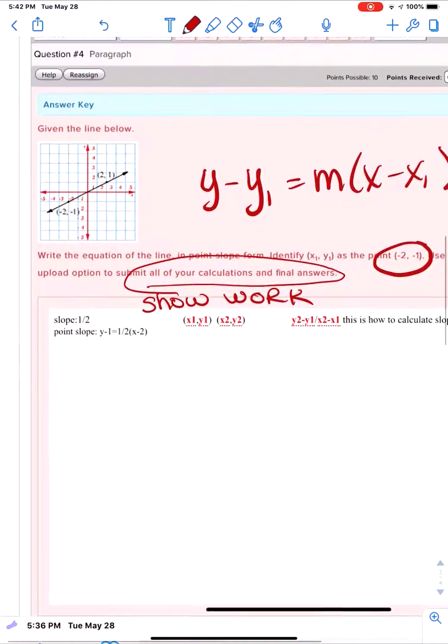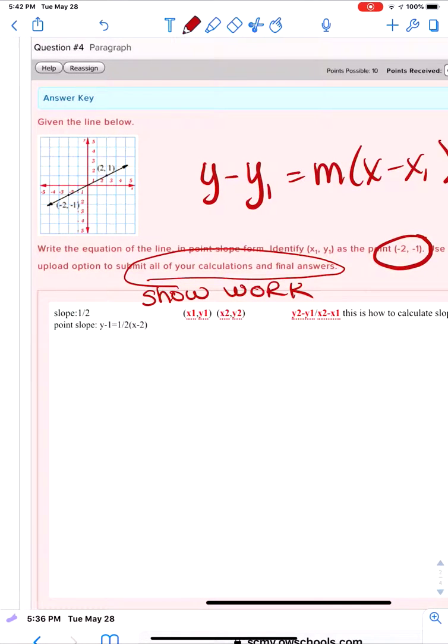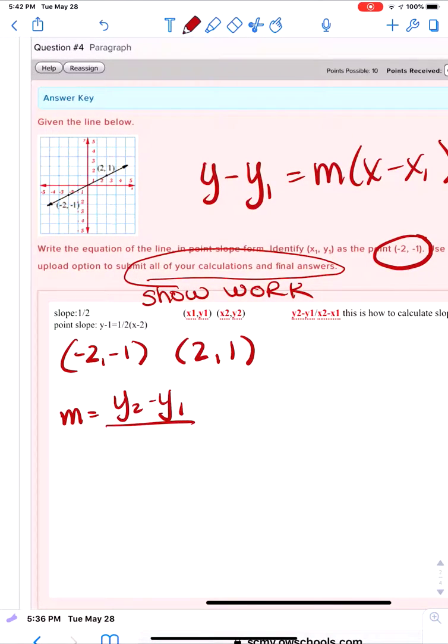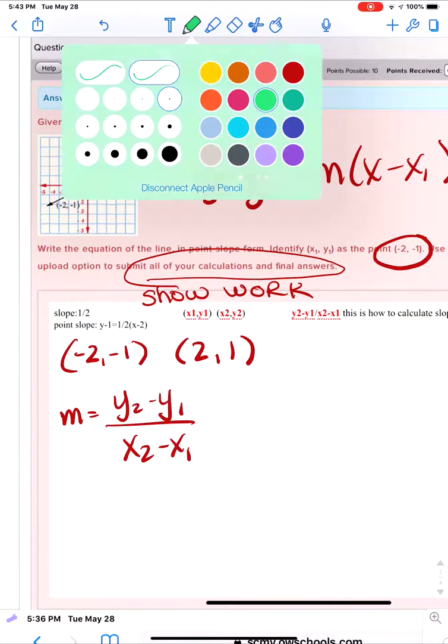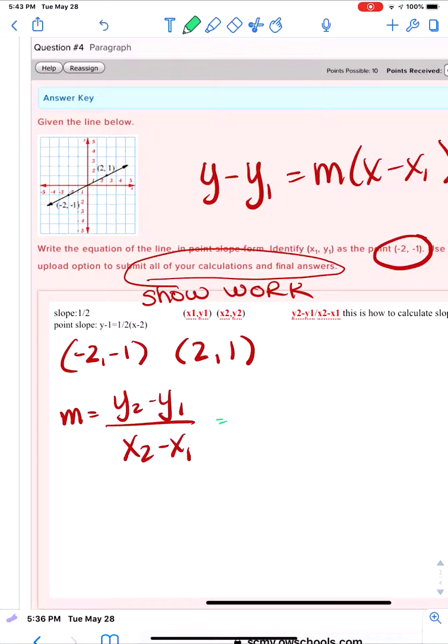Okay, so let's start first of all by getting our slope. So I have this point, and I have this point, and I'm going to have to go through and set up my problem. Okay, so if I do y's, 1 minus a negative 1, so 2 negatives make a positive.